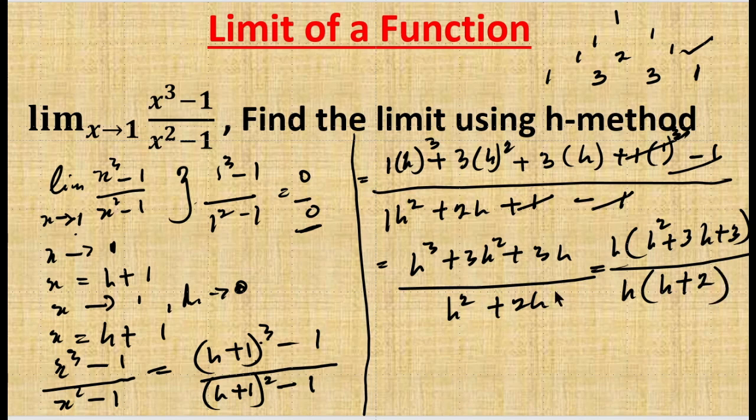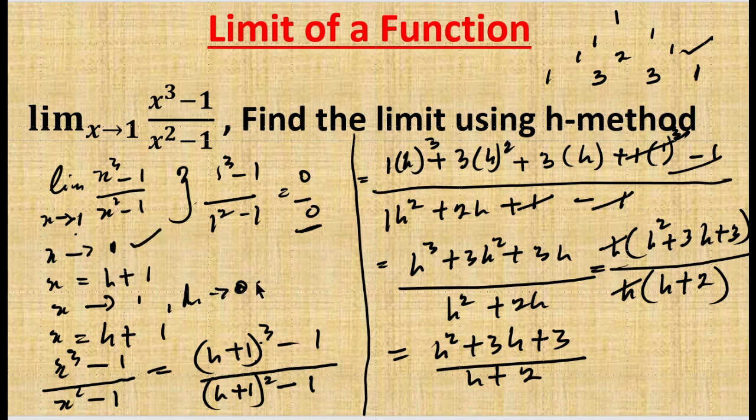Now, let's divide this, so that I finally have h squared plus 3h plus 3 all over h plus 2. Now remember that we said as x now begins to tend to 1, this time around we've introduced h such that h is tending to 0.